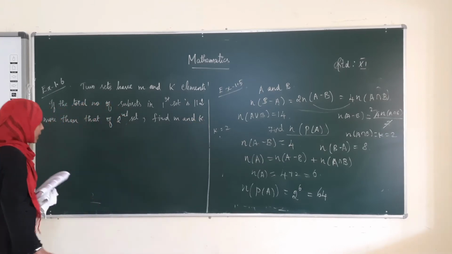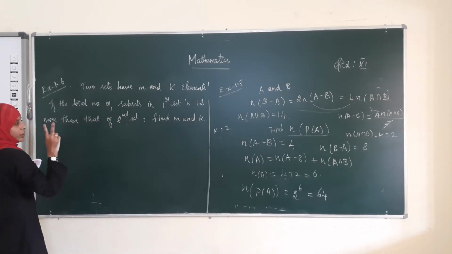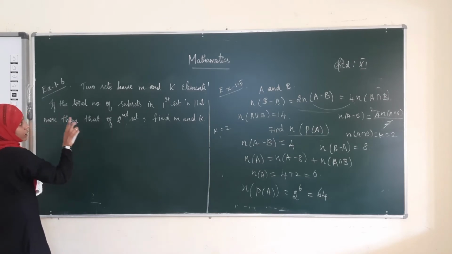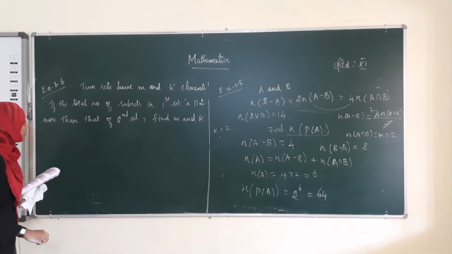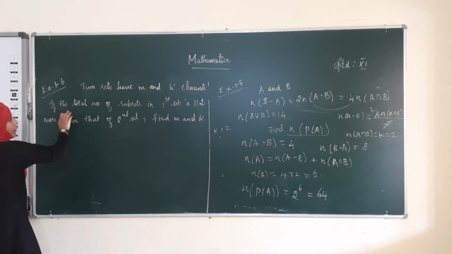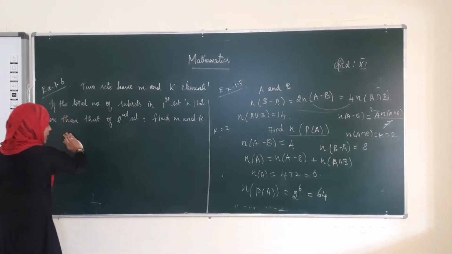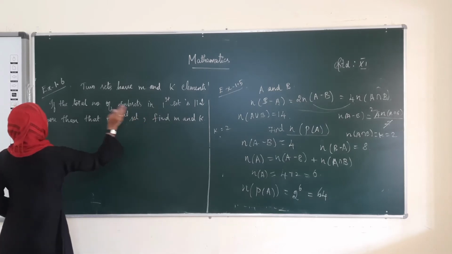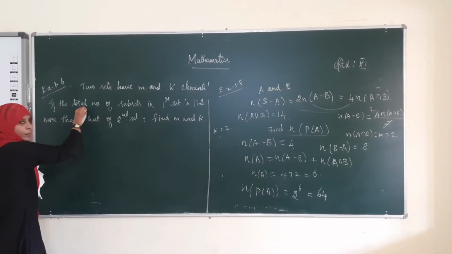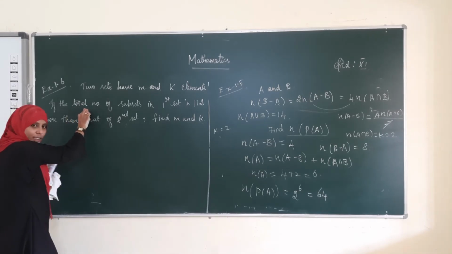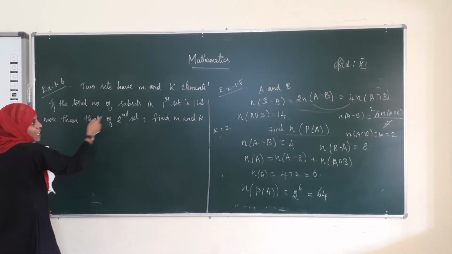If they are taking two sets, the first set has M elements and the second set has K elements, then the condition is that the total number of subsets in the first set is 112 more than the second set. That is, the difference between the subsets of the first set and the subsets of the second set is 112.